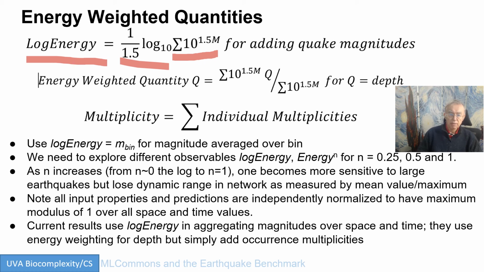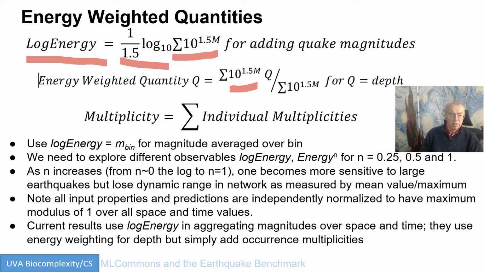Now, when we come to something like depth, we don't average the depths if we have multiple events. We average them weighted by energy. So notice that as we have this rather high power of 10, a small change of magnitude makes a big difference to this weight.